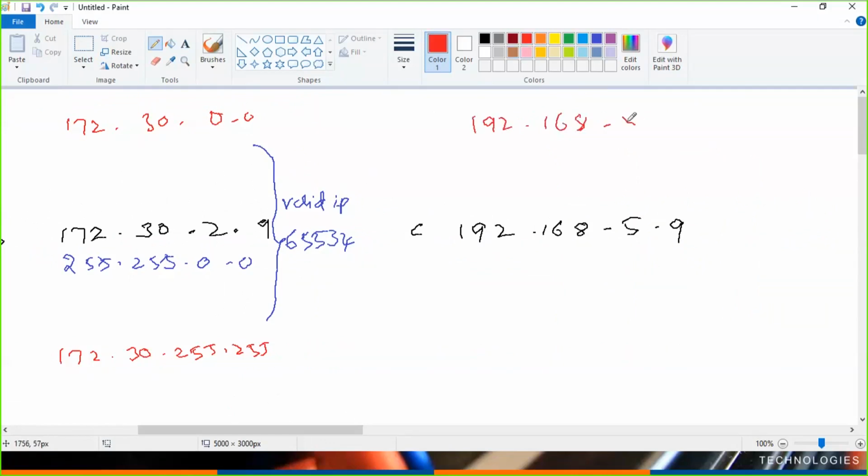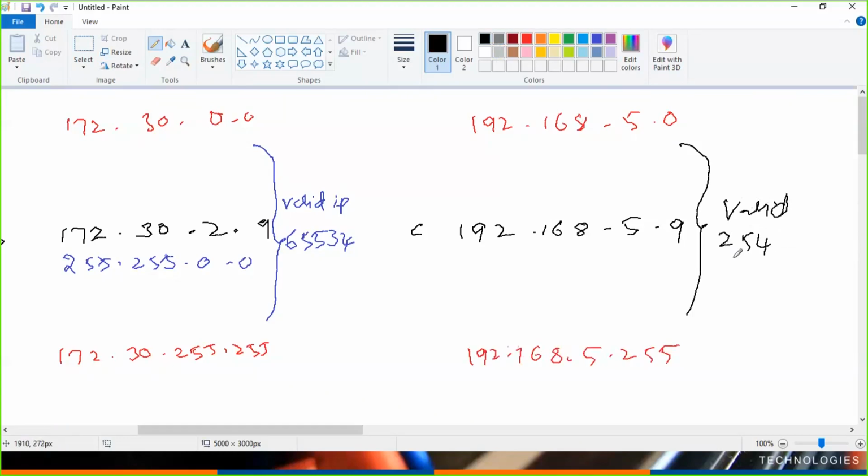Network ID: 192.168.5.0. Broadcast ID: 192.168.5.255. 254 valid IP addresses. Subnet mask: 255.255.255.0.